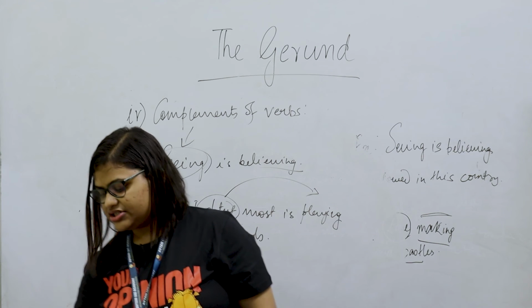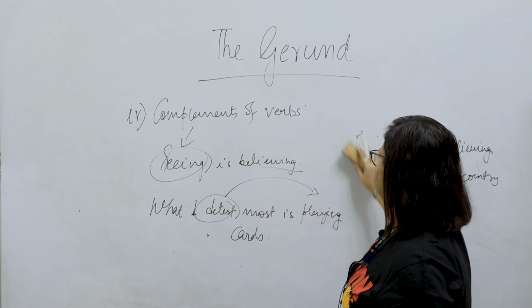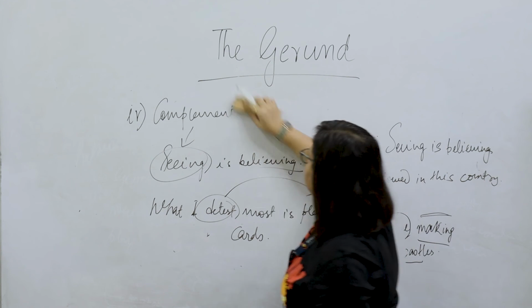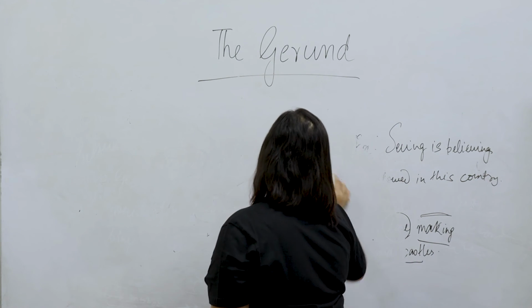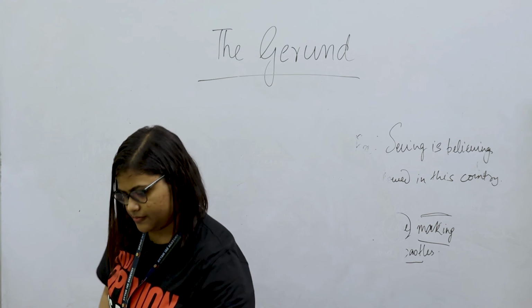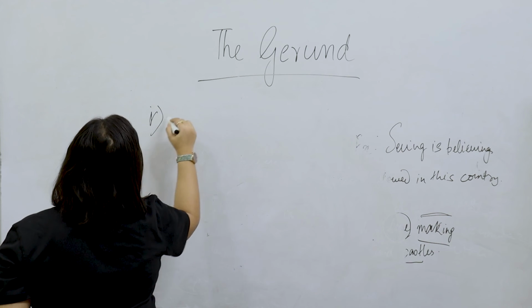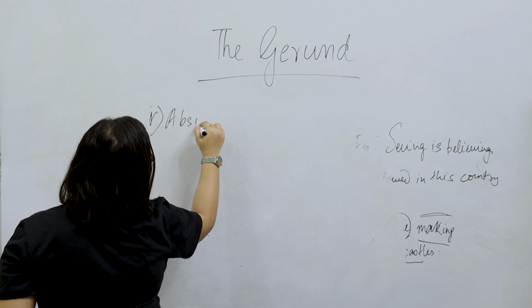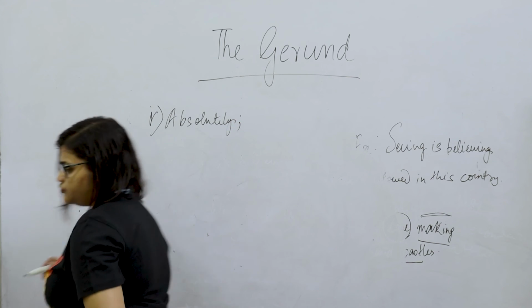The next utility of gerunds would be while using them absolutely. The next utility would be while we are using it to make something absolute.